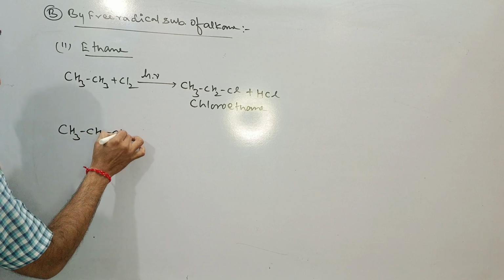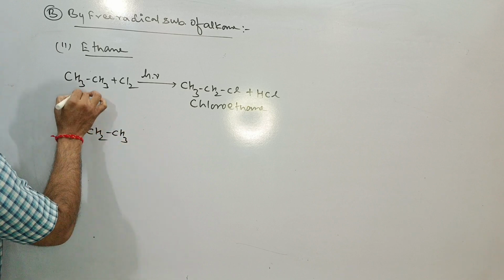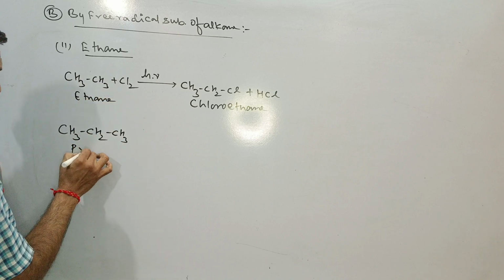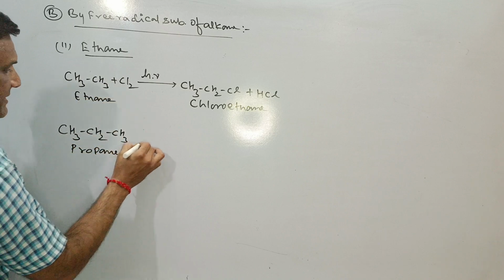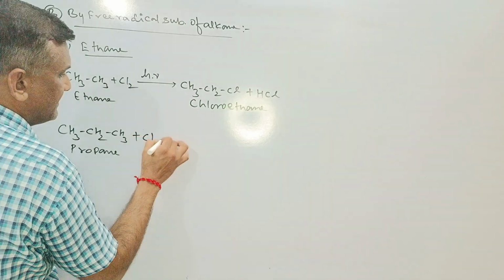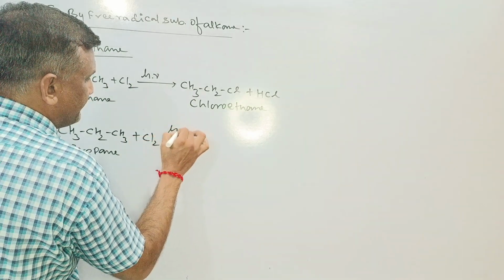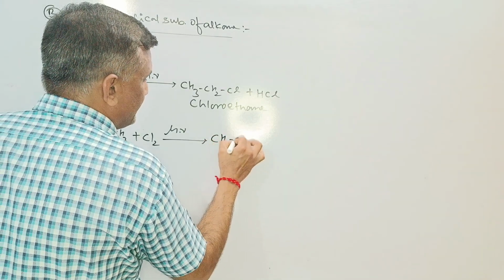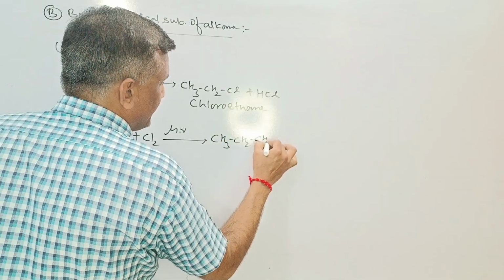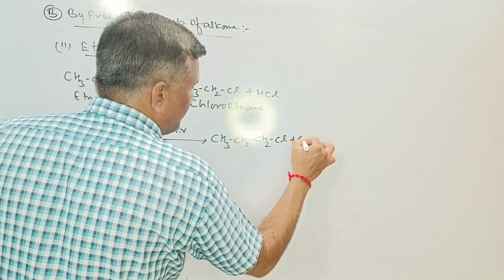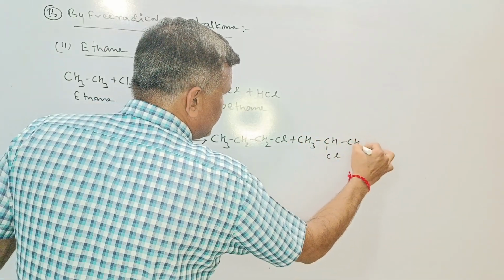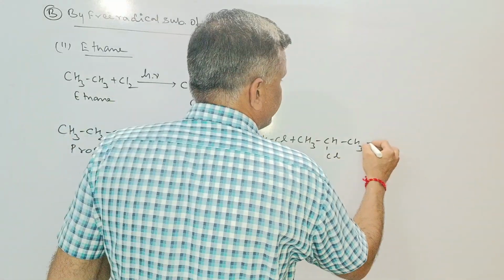But suppose there is propane, CH3 CH2 CH3. This is ethane and this is propane, then what will happen on chlorination? In the presence of hν, there will be formation of 1-chloropropane and 2-chloropropane, CH3CH2CH2Cl and CH3CHClCH3, with the removal of HCl.